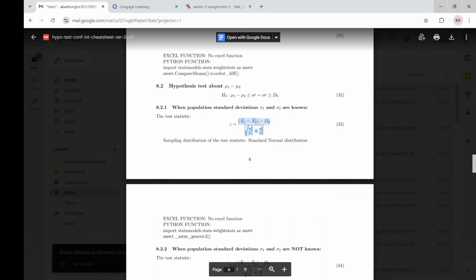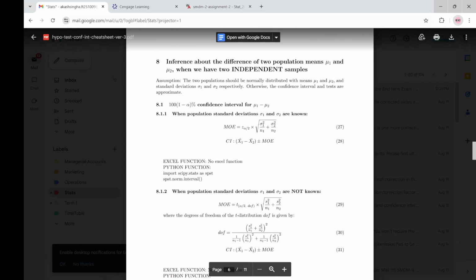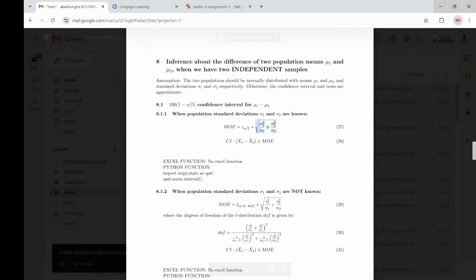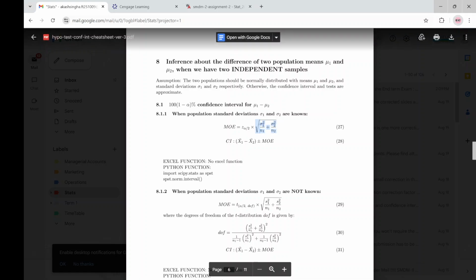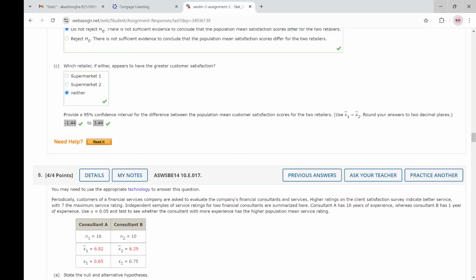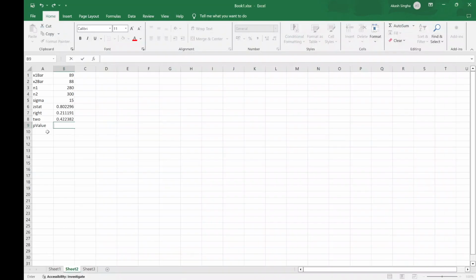And provide a 95% confidence interval for the difference between the population means. Now for confidence interval, the equation is given, this into z alpha by 2. Now z alpha by 2 is, now this standard error is this value.